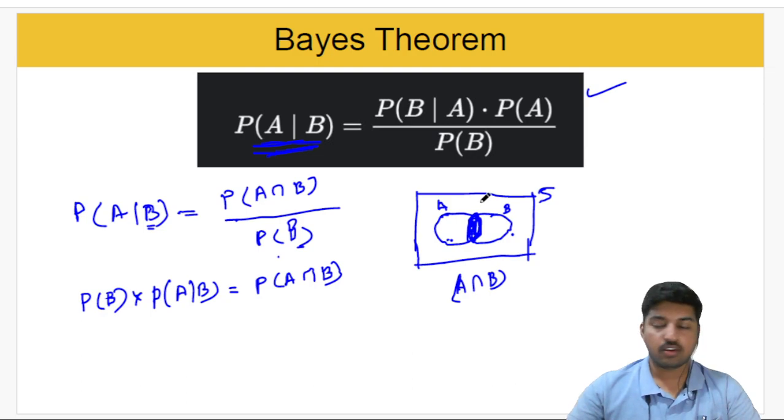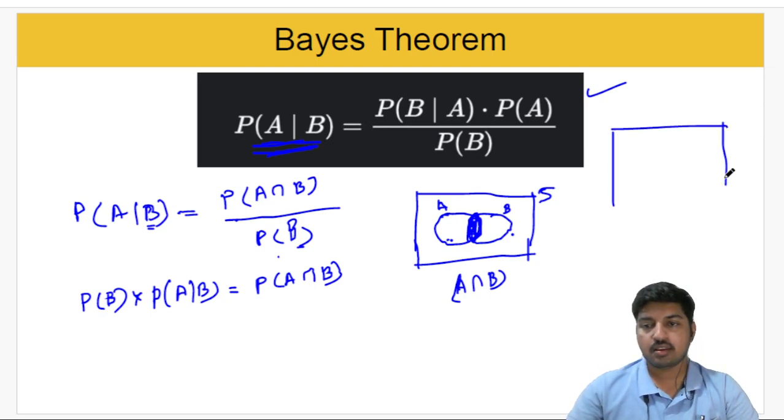So now we will see an example. I need to take the event from a dice. This is the sample space.